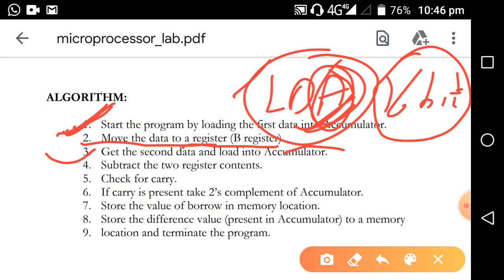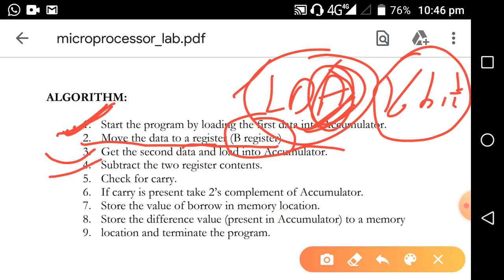So that's why one binary number is stored into the B register, and one number must be stored into the accumulator, because these arithmetic and logical instructions are performed on the accumulator.